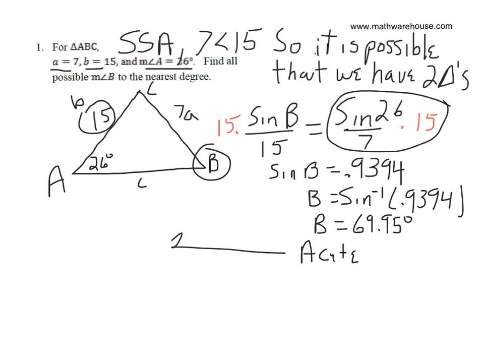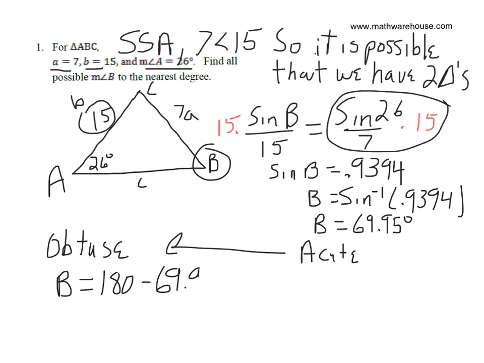Now we need to find the obtuse version, which is just supplementary. So angle B in the obtuse is equal to 180 minus 69.95, which is equal to 110.05 degrees.